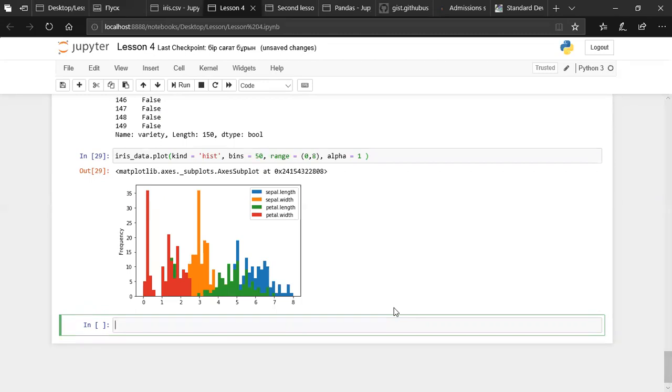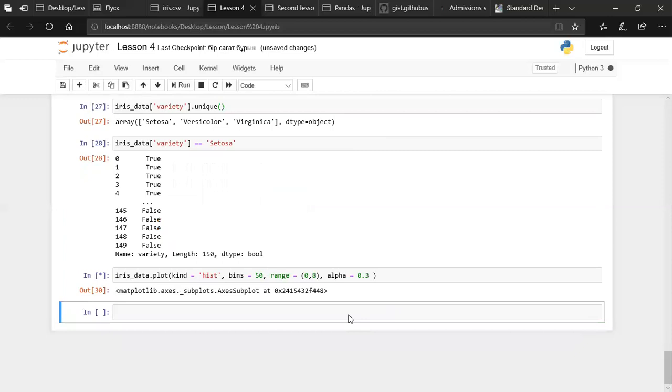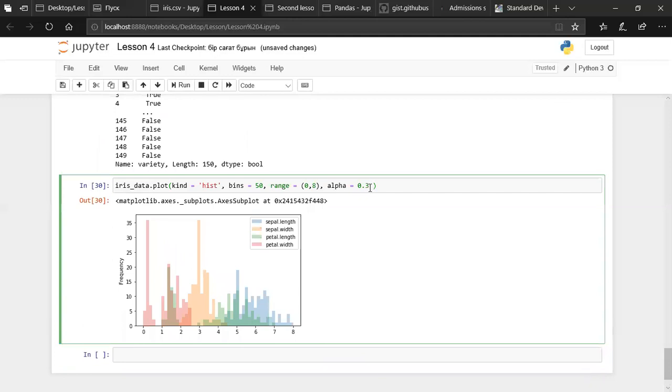Set alpha to 0.3. So you got what's happening? Yeah. Alpha shows the visibility of the graphs, like visibility, opacity, density, right? Yeah. So this was all.